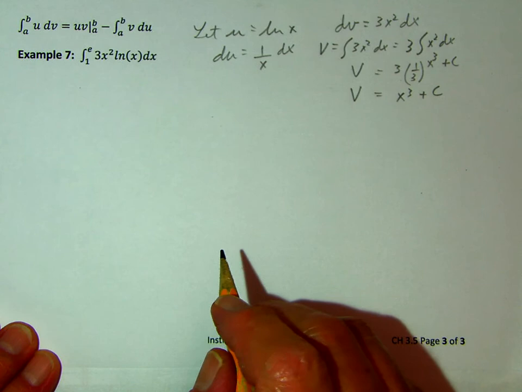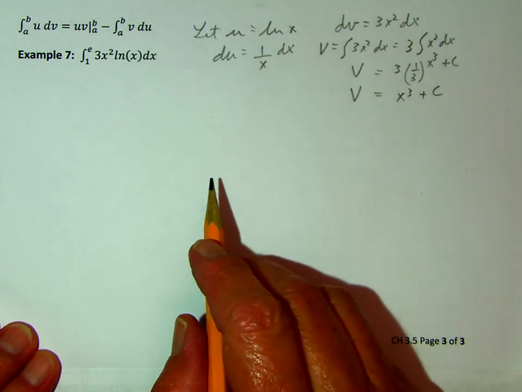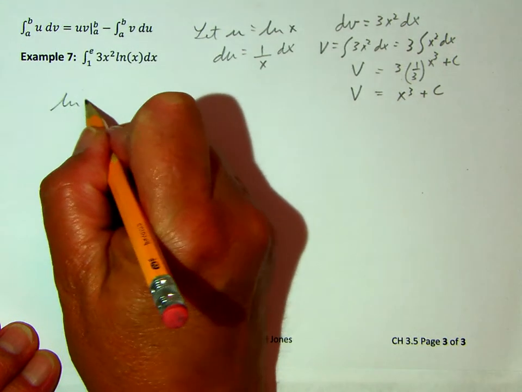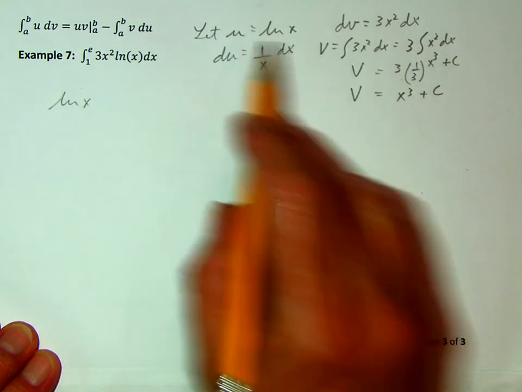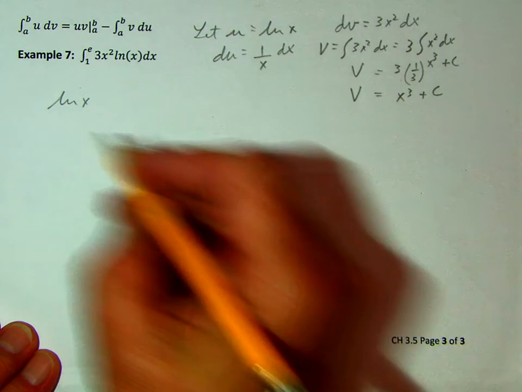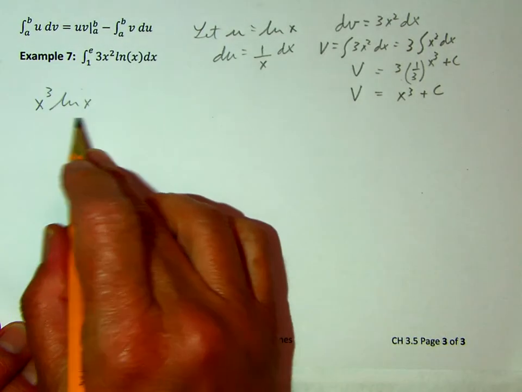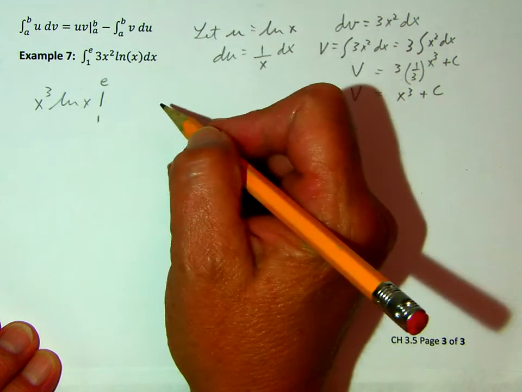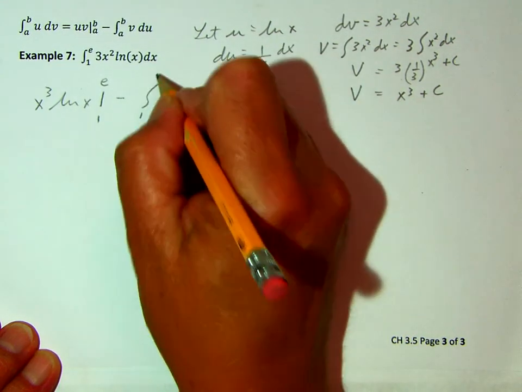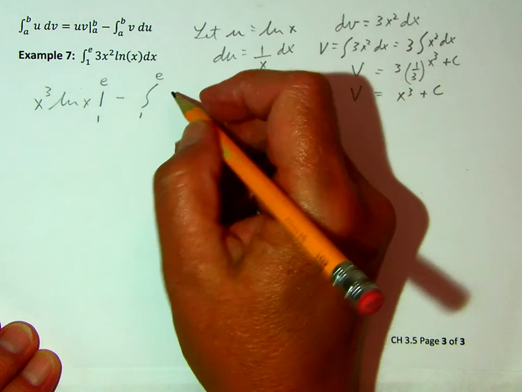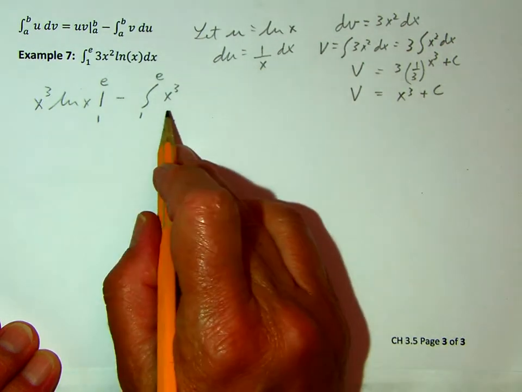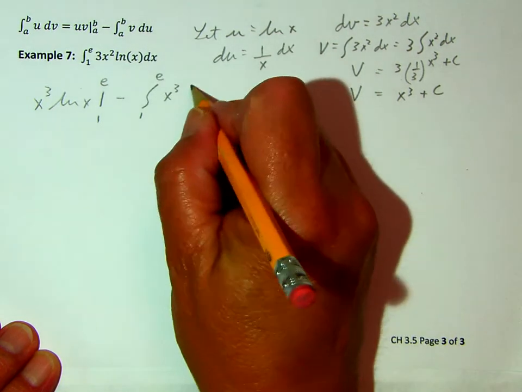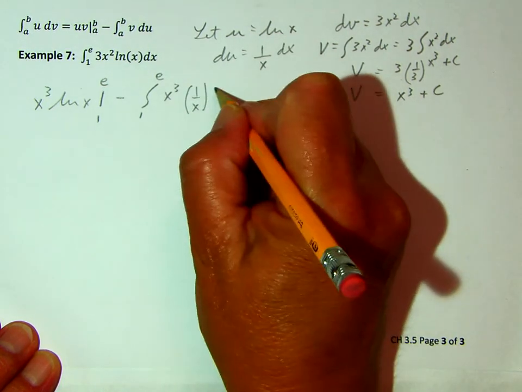So now we can go ahead and do our substitution. So uv would be ln x is u, v is x cubed, we'll put it out front because I've got a natural log here, evaluated from 1 to e minus the integral from 1 to e of x cubed, that's my v, du. du is 1 over x dx.